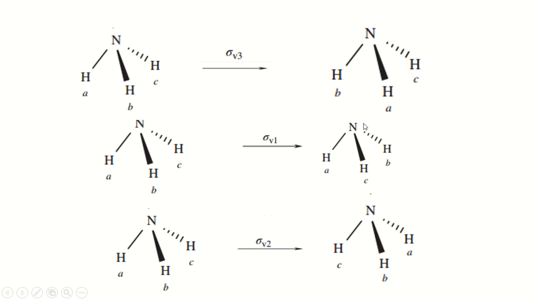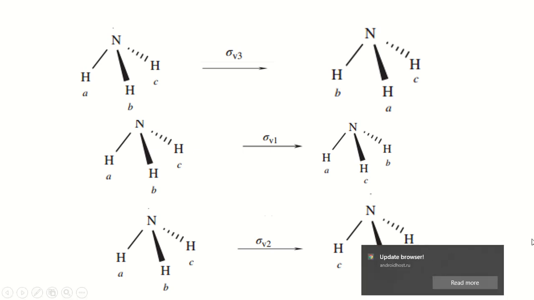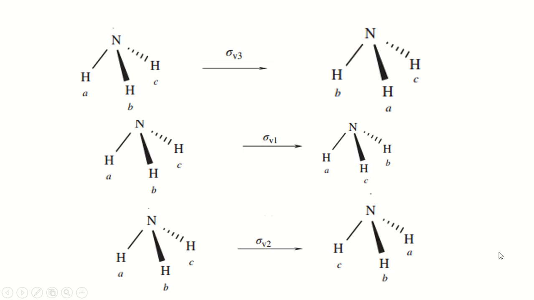Here we can see there is no change of position of HA, but there is a shifting of the positions of HC and HB, because the mirror image of HC joins over here, and subsequently HB will join the HC position. So this will be the result after applying sigma v1 to the NH3 molecule.